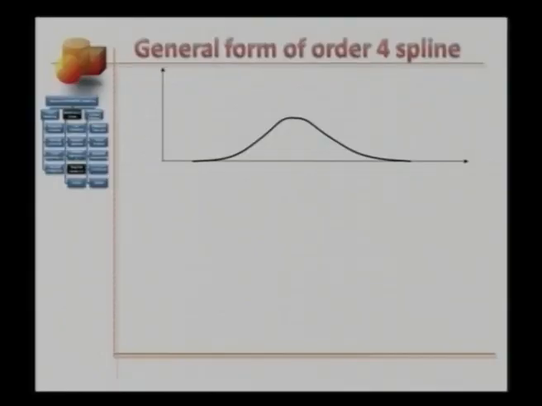Now let's try to understand the general form of an order 4 spline. It may or may not be symmetric. The knots may or may not be uniformly placed. I start with ti minus 4. This is ti minus 3, ti minus 2, ti minus 1, and ti.